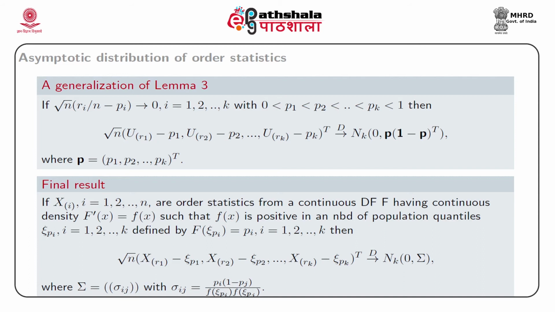If X_(i) are order statistics from a continuous distribution function F having continuous density f(x) such that f(x) is positive in a neighborhood of population quantiles ξ_pi, then the joint distribution of X_(r1), X_(r2), ..., X_(rk) is k-variate normal with mean vector 0 and dispersion matrix Σ, where the elements of Σ are σ_ij, where σ_ij equals p_i(1 − p_j) divided by f(ξ_pi) f(ξ_pj).